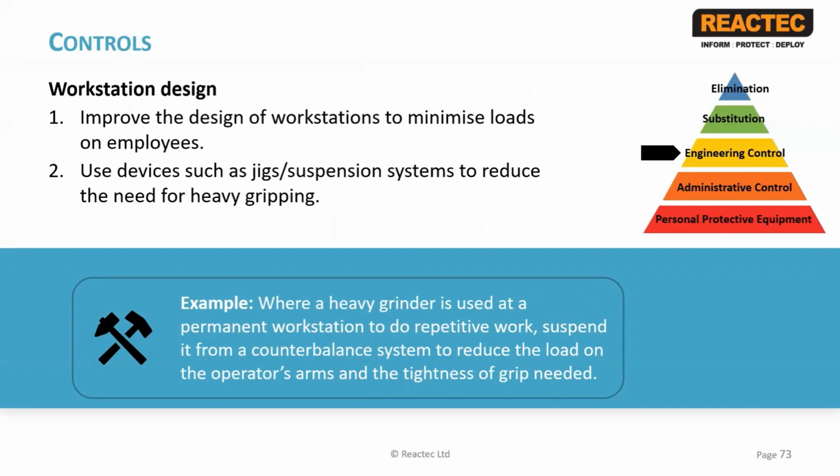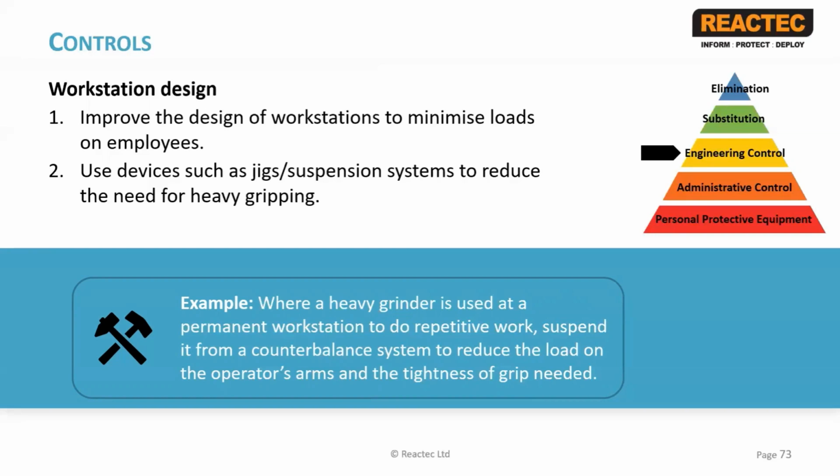Engineering controls when it comes to hand-arm vibration include looking at things like workstations and how those workstations might minimize the load on employees, whether that be about the height or other parameters of the workstation. Also look at jigs or fixtures that help suspend or hold either the tools or the equipment in such a manner that means that the person's vibration exposure is reduced, or for instance, that he doesn't have to grip the tool heavily.